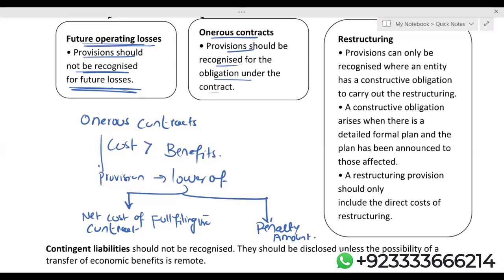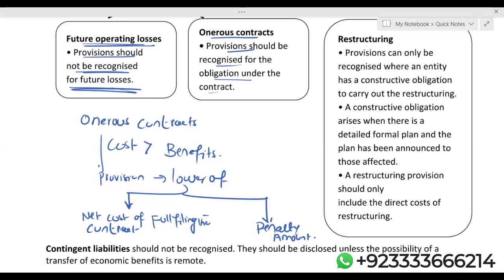So in that case, the organization should calculate the net cost of fulfilling the contract and the penalty amount. Whichever is lower, you have to make the provision for that. Because there's a possibility that when you are still holding that premises and running the business in that premises, you will have to bear, let's say, a loss of $50,000 every year, assuming.